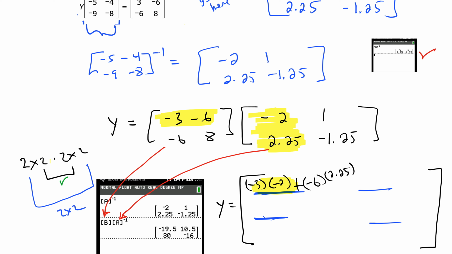Great, that left-hand corner is done. We get rid of that, and we're still on the upper row, but now we're moving to the right. What do we get now?